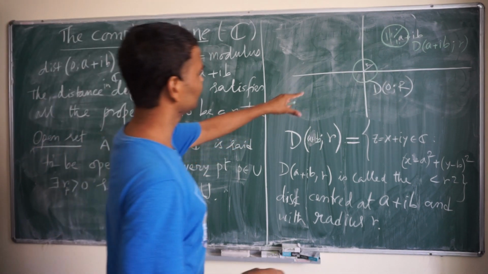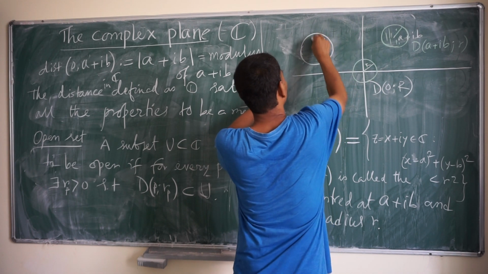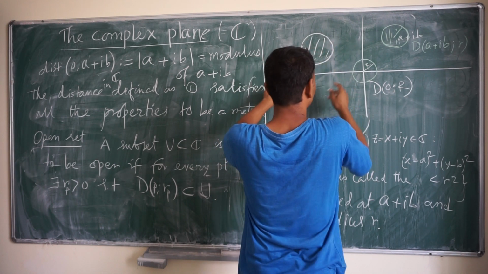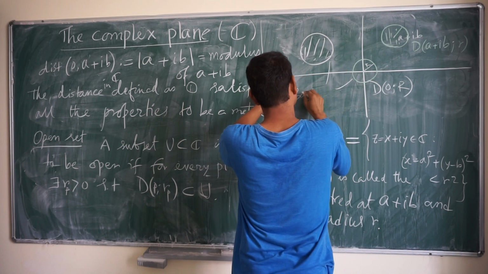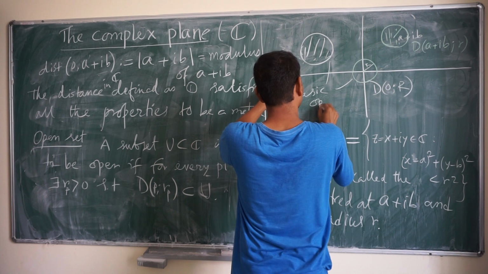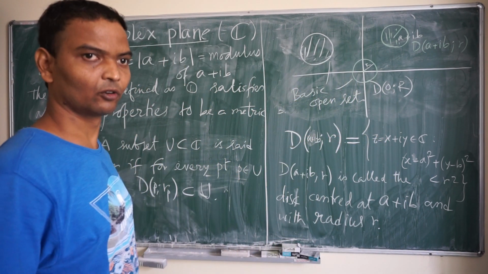So these are the basic open sets, the inside of the circle, and these will be important for us.